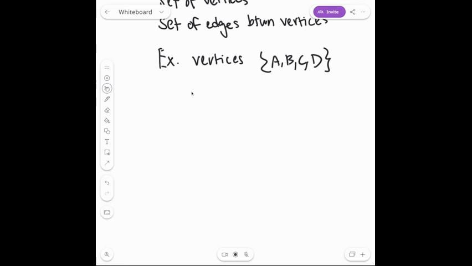Then if we have the following graph like this, so these are the vertices A, B, C, and D, then maybe our graph looks like this.